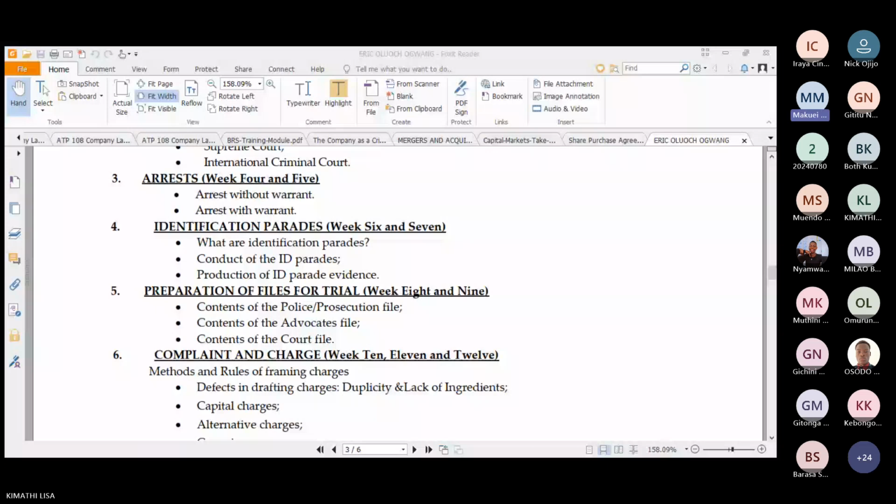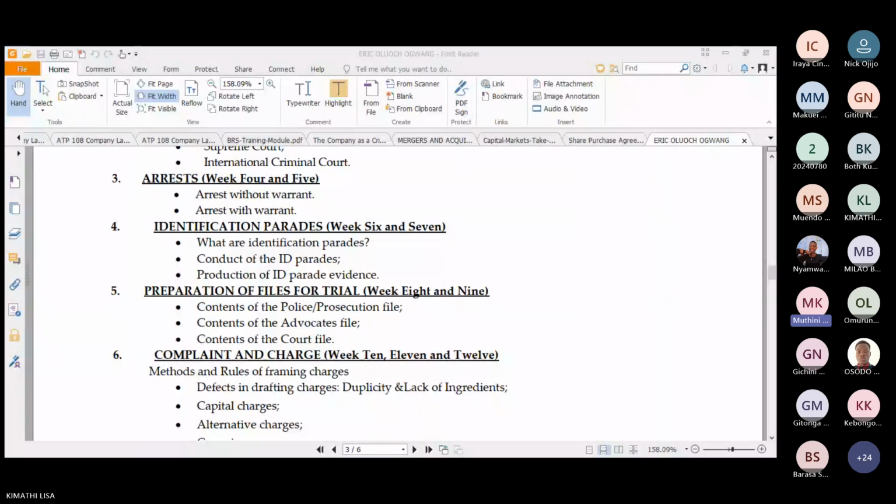Yes, raise your hand. ID parade. Yes, Kevin. What is identification parade?